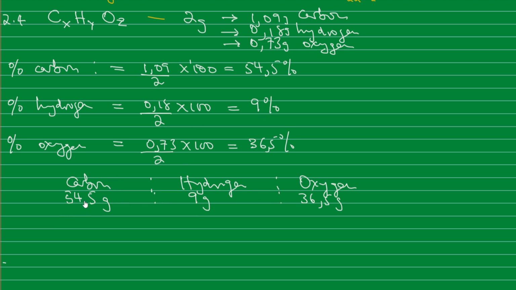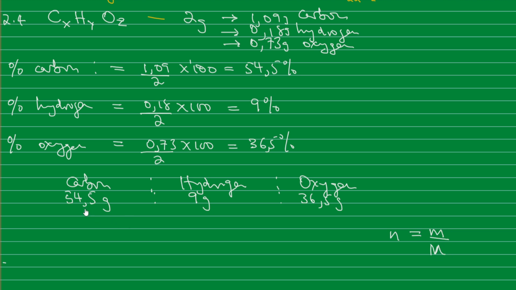Now, why am I doing this? We want to see the mole ratio, the ratio of the moles. There's a formula that we use: n, the number of moles, is equal to mass over molar mass.